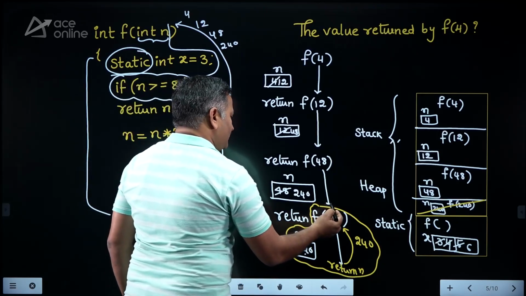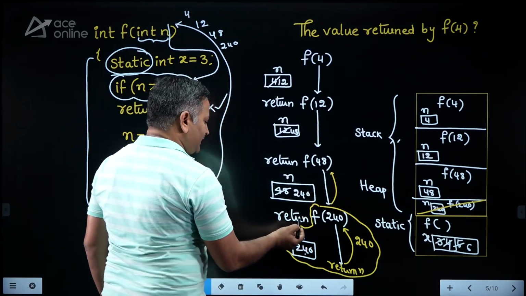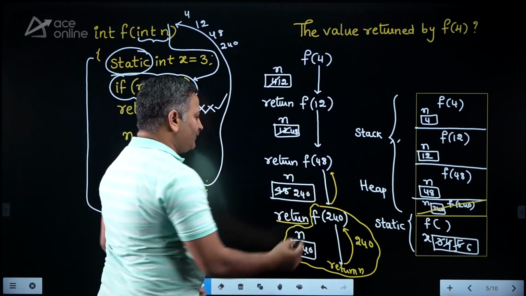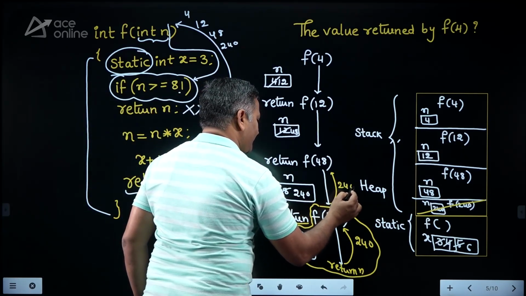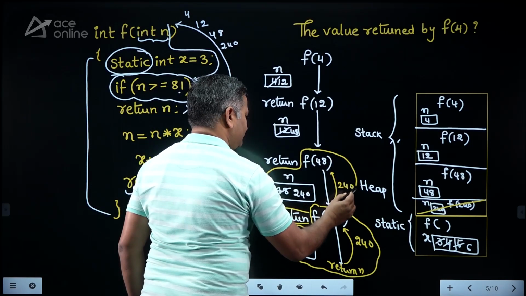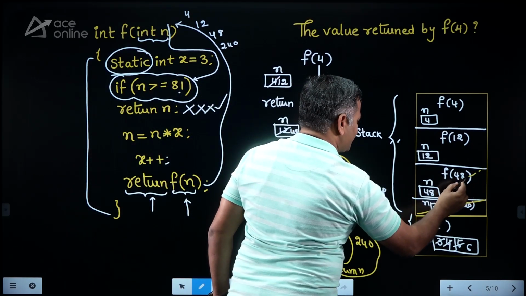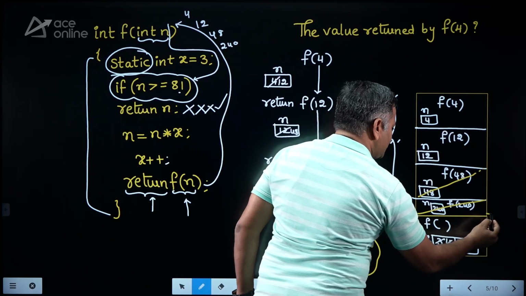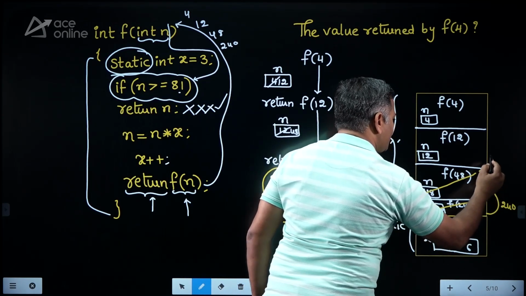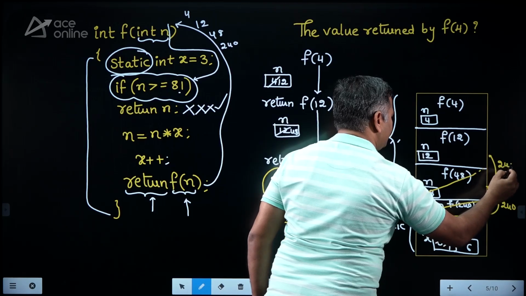Then afterwards control goes back to this place, because there is a return statement, right? Because of this return statement, return 240 to the previous level. Then this activation record also gets deleted. Always think like this: it is passing the value 240, and from here it is going to pass 240 to the previous level.